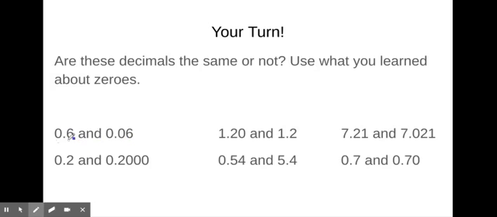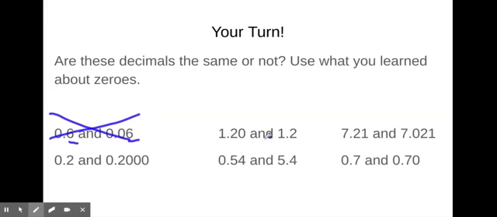These first two decimals are 6/10 and 6 hundredths. Well, that 6 is in a different place in both of those decimals, so they're definitely not the same. Over here we have 1 and 20 hundredths and 1 and 2/10.